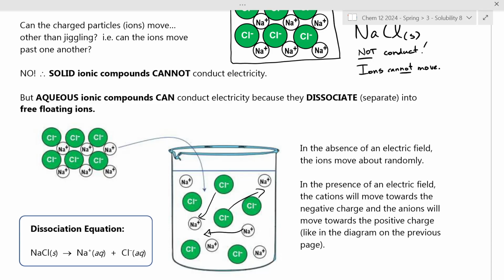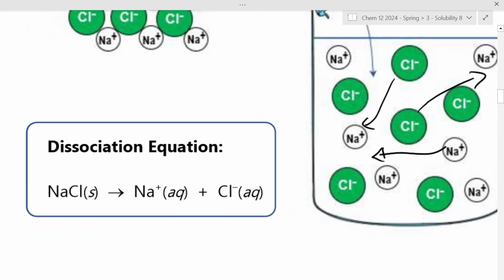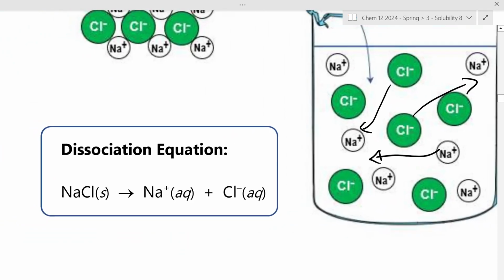If you put them in an electric field, the cations move towards the, what did we call it? Cathode. And the anions move towards the anode. Excellent. And you guys know how to write a dissociation equation, do you? Okay, NaCl solid goes to Na plus aqueous, Cl minus aqueous. Don't forget your charges, okay?